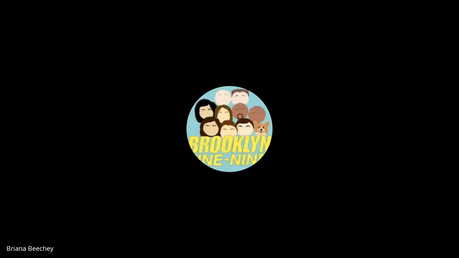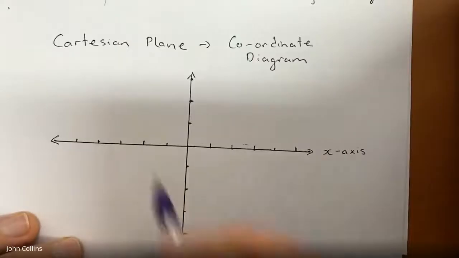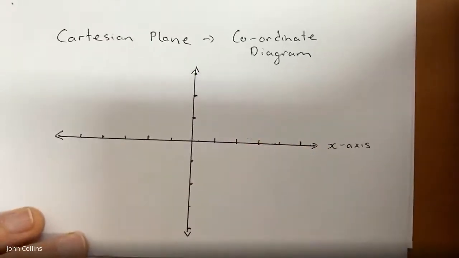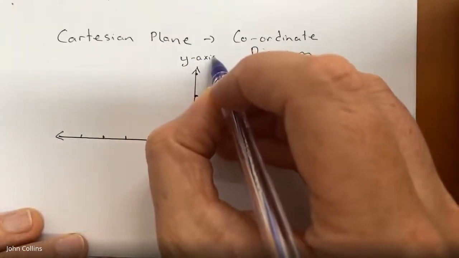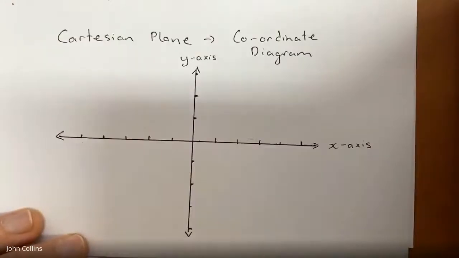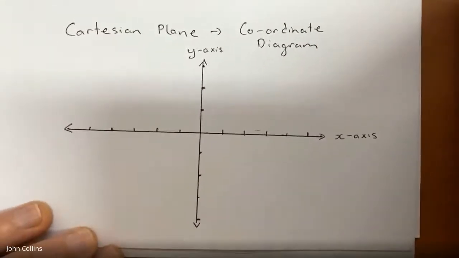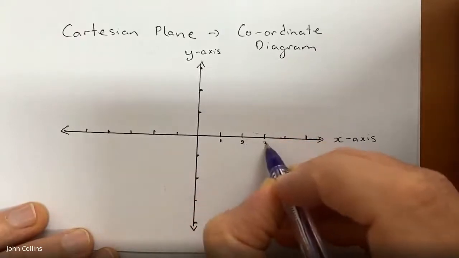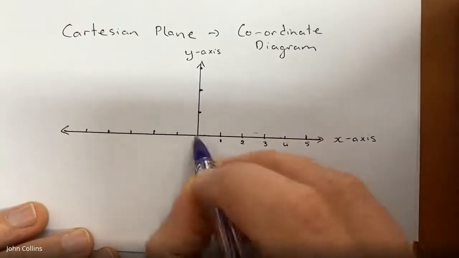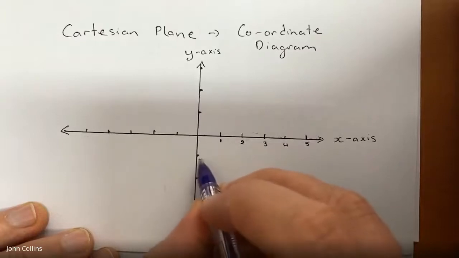Okay. And that means this one up here, the vertical one that goes up and down, is called the y-axis. So I'll put in numbers first because they are just number lines that intersect at both their zeros.